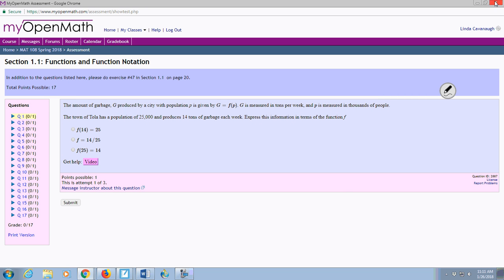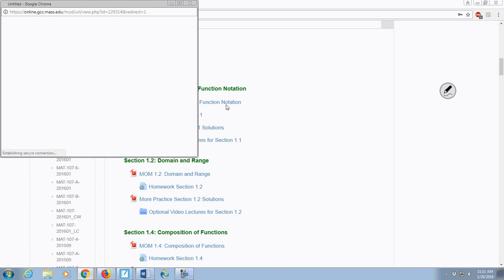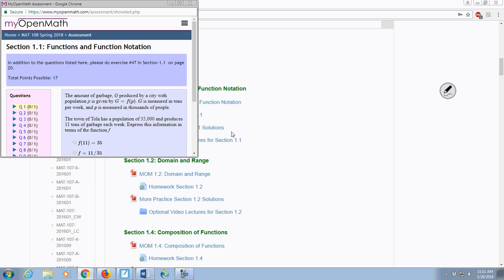Now, I have this in your packet. Don't just automatically assume that what's on My Open Math is all you have to do, because if you turn to page 10 and look under homework, it says, do the homework assignment in My Open Math, found on our Moodle site, and number 47 in section 1.1, page 20.